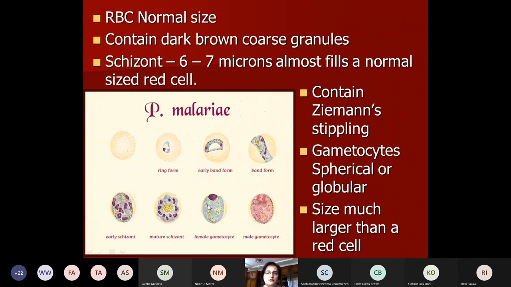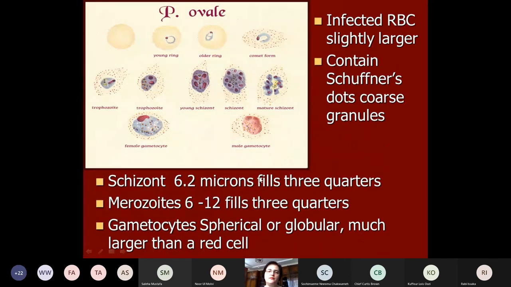It contains Maurer's stippling, also with this yellow. Gametocytes spherical or globular, size much larger than red cells. Almost full, all the cells are already not red cells, but like a place of living for plasmodiums.